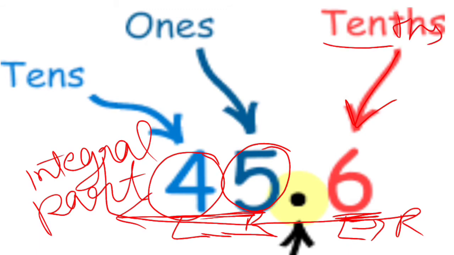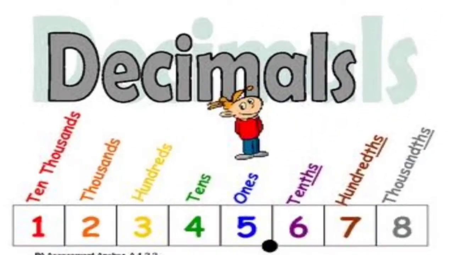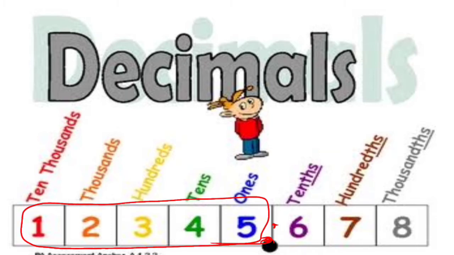Okay. I am showing you the decimal place value chart. This is our decimal place value chart in which all numbers are given. There is a decimal point in between these numbers. Before the decimal point is our integral part or whole number, and this is the decimal part of the number. How are we reading this number?